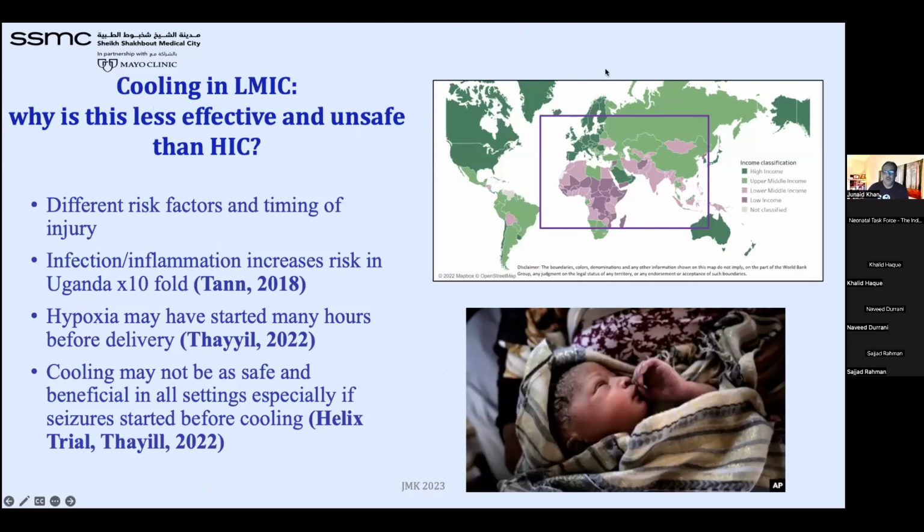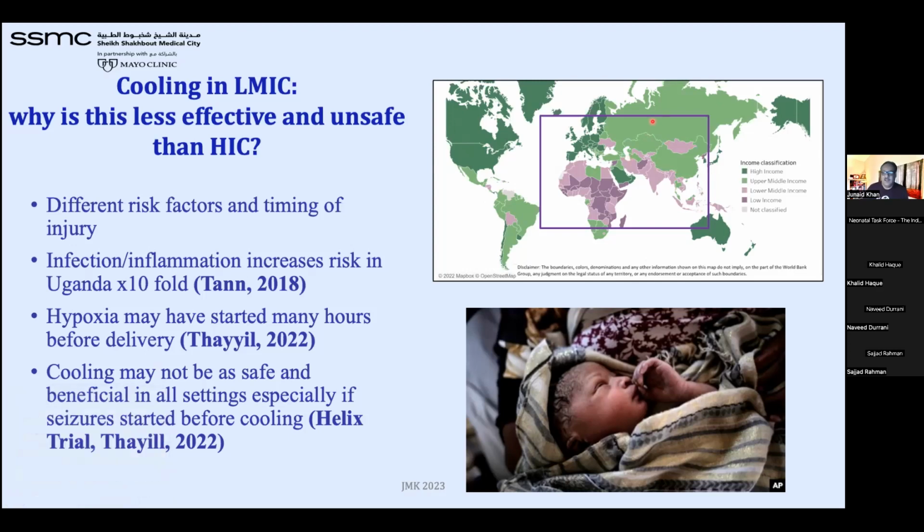So look at this. This is the 2022 World Bank classification. The pink color is the low middle income. The dark pink is the low income. The light green is, you can see my pointer also, somebody? Okay, I will take up my other laser pointer.